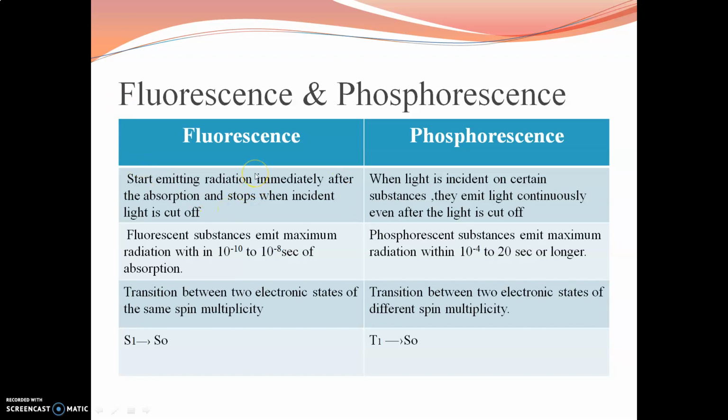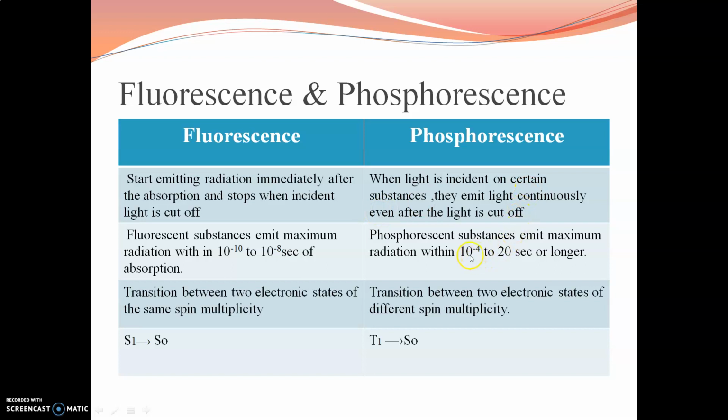Fluorescence is immediate, instant. It lasts for a fraction of seconds, whereas phosphorescence lasts for more seconds. In fluorescence, emission takes place immediately after the absorption, and it stops also when the incident light is cut off, whereas phosphorescence, on the other hand, emits continuously even after the light is cut off.